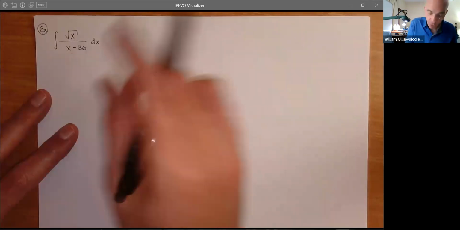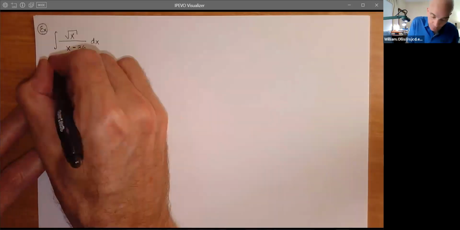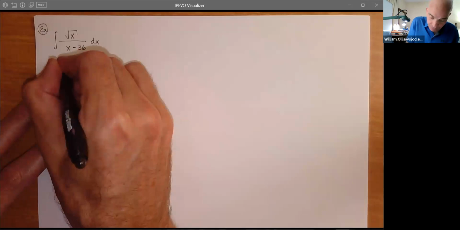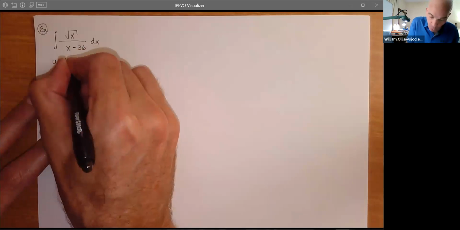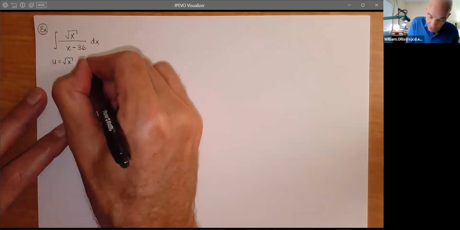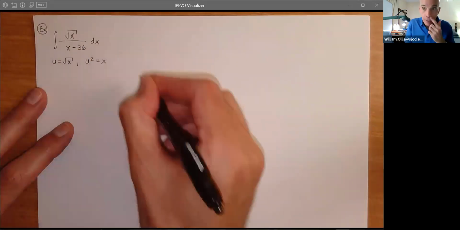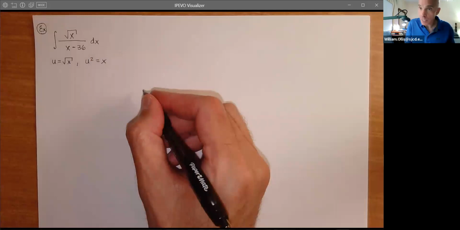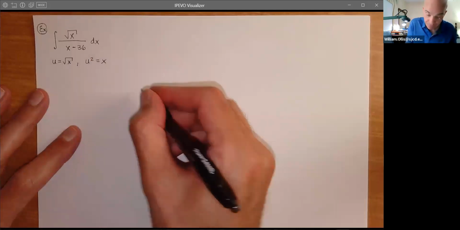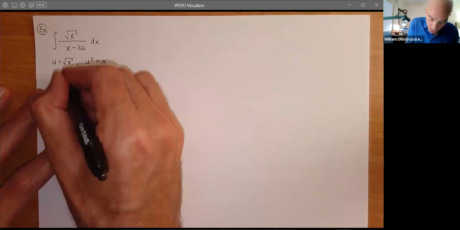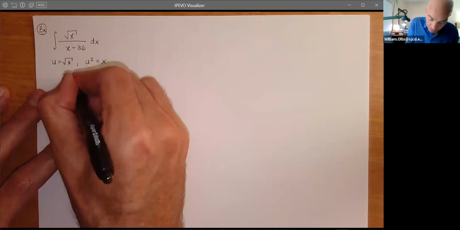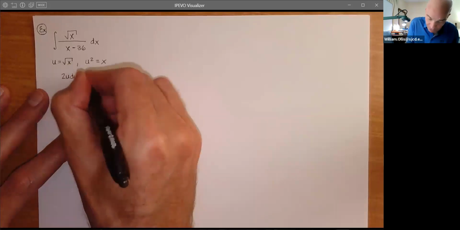So here's the trick, of course. We'll let the u be the square root of x. So of course, u squared is x. Now this is the technique from Cal 1, the miscellaneous substitution, and it's very powerful, as you well know. So now we get what? 2u du equals dx.